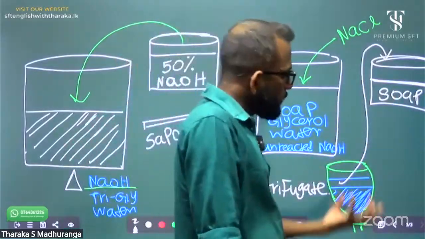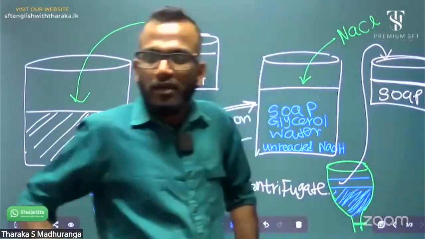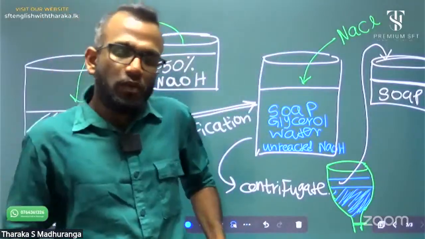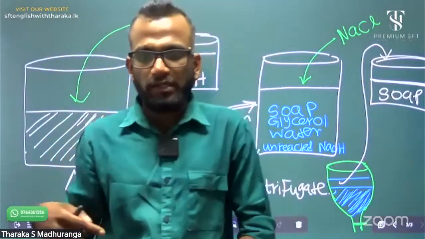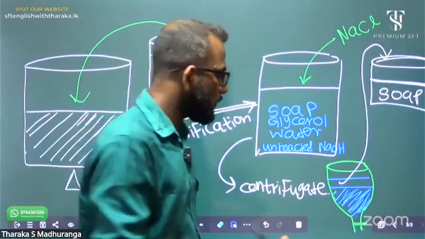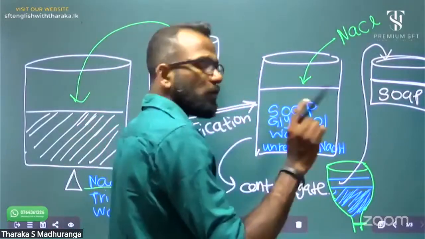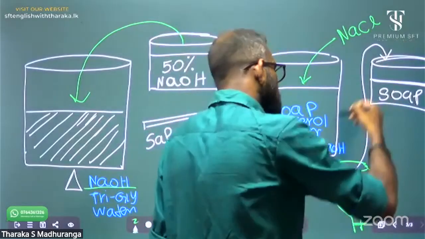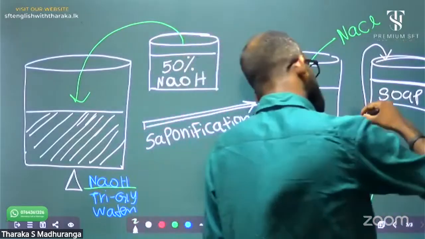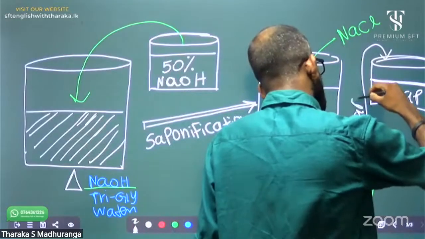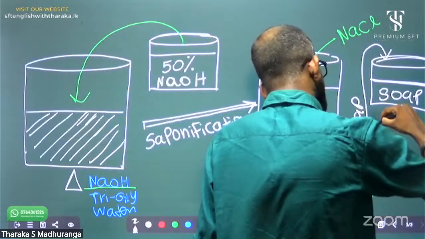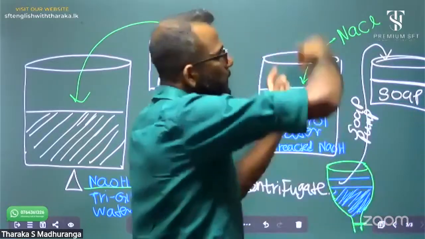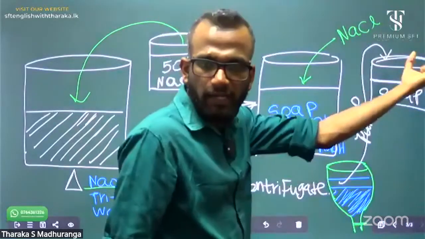Okay, what are we doing to the remaining glycerol? Again add sodium chloride. The same thing. After that, we pump the soap layer into another container, which we call soap pumping.